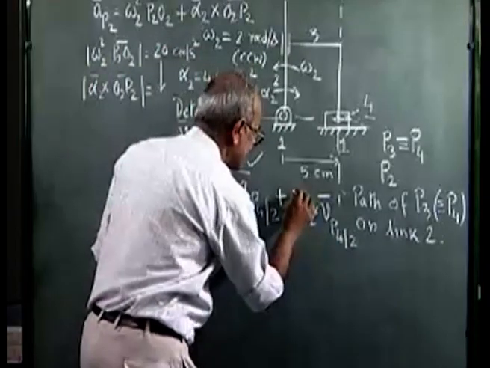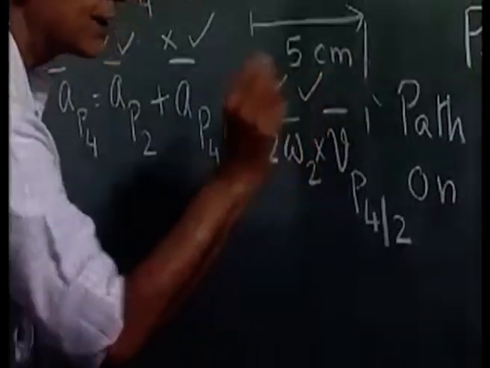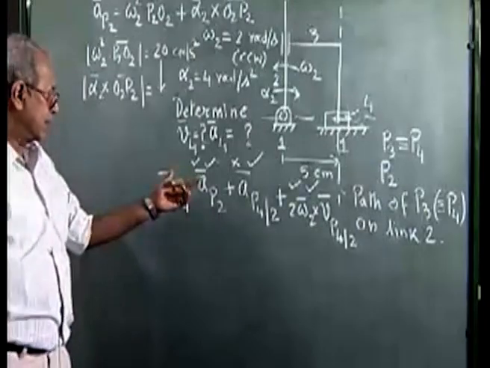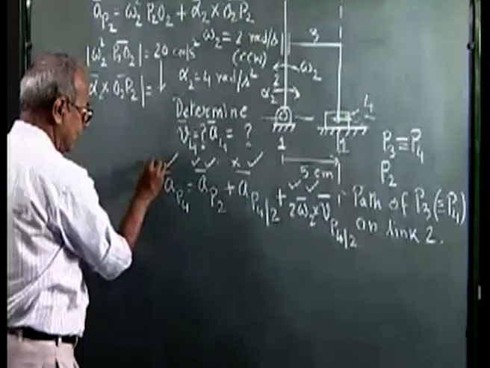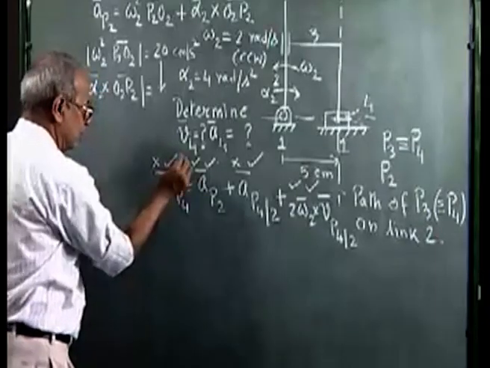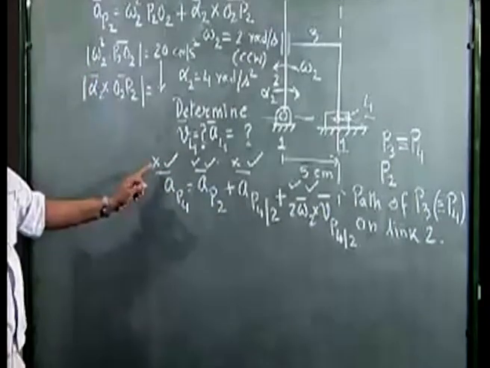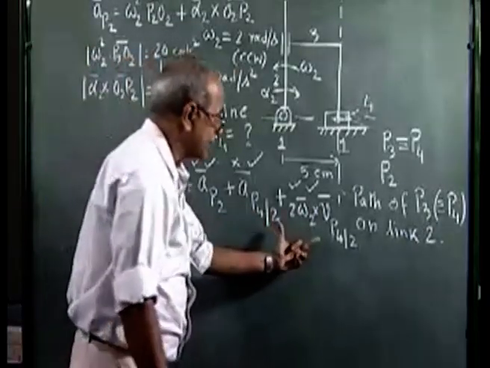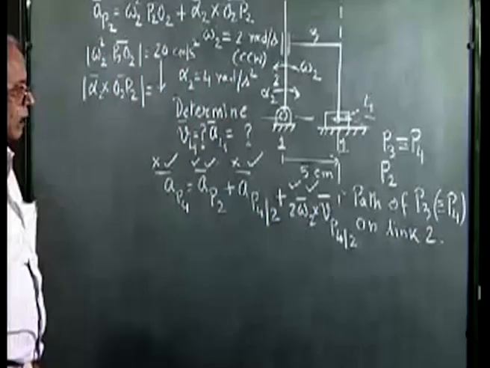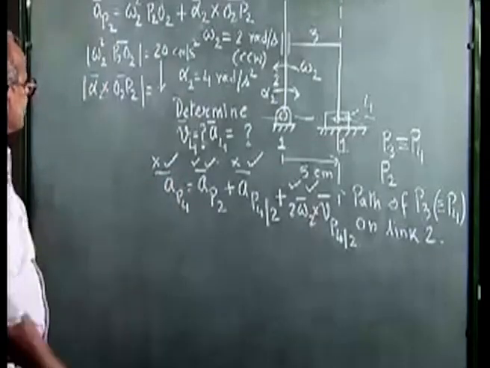So for this vector, both the magnitude and the direction are known. For AP4, I know the direction, that is horizontal, and the magnitude is unknown. So in this vector equation we again have only 2 unknowns left, so it can be represented by a vector diagram. Let me try to draw this vector diagram.